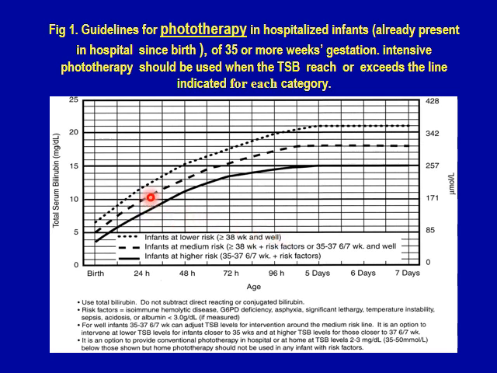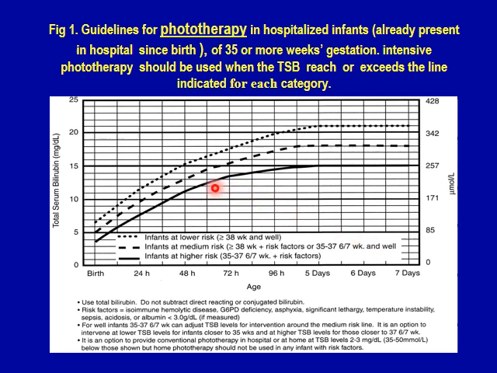Second graph, dashed line, infant at medium risk, in which the gestational age was also more than 38 weeks of gestation but associated with risk factor, or 35 to 37 weeks of gestation and the patient is well with no risk factor.